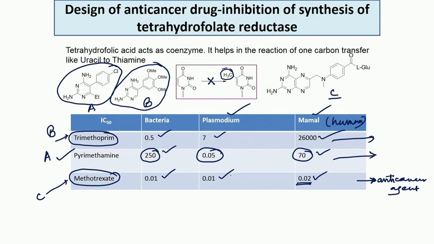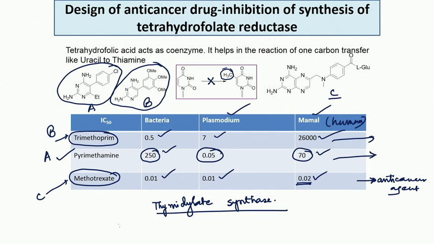inhibiting the DHFR, because this is a DHFR dependent reaction, and the enzyme that carries out this reaction is called thymidylate synthase. I will tell you what is the genesis of the name.